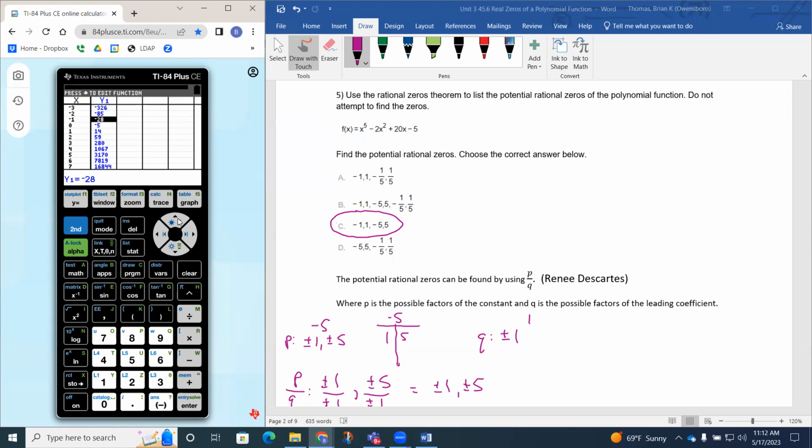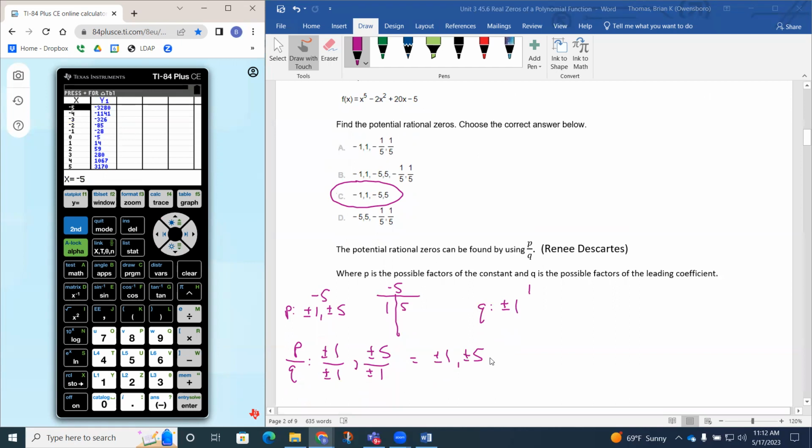So that is not a 0. If I look at f of 5, notice that we get 3,170. That's not going to be a 0. If you look at f of -5, we get -3,280. So notice that those were the potential rational zeros, but none of them actually worked.